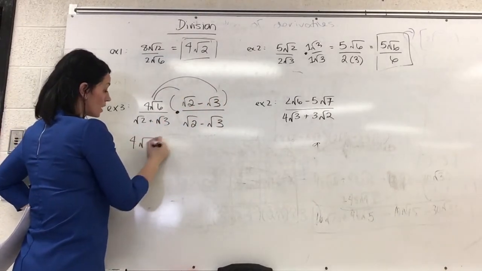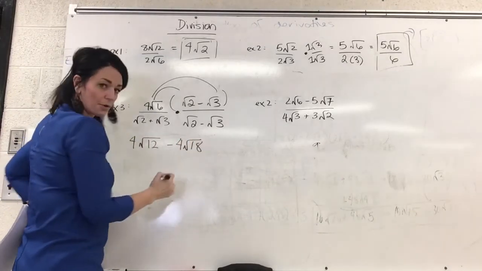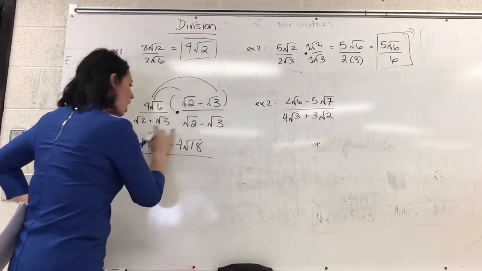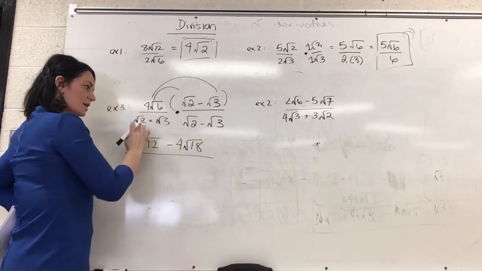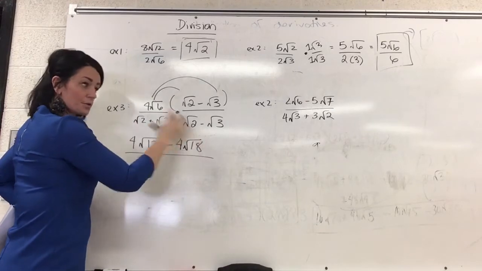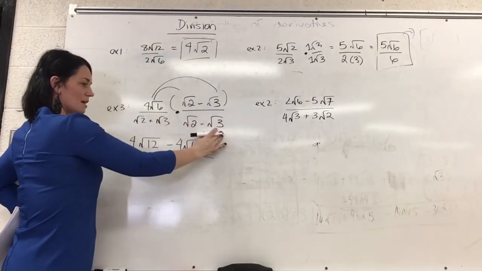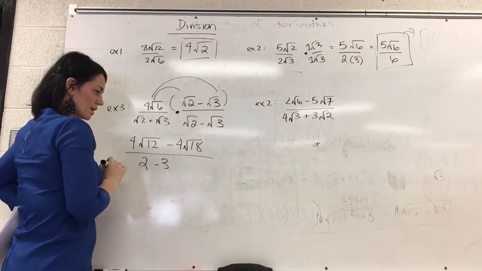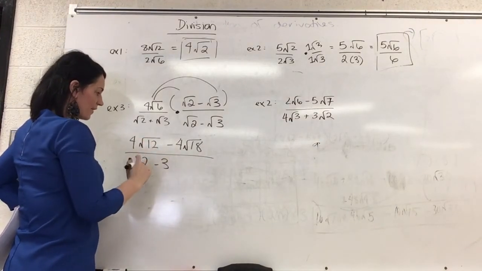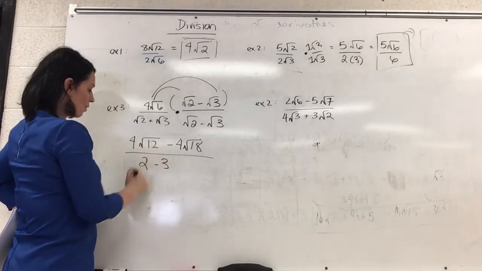So I have 4 root 12 minus 4 root 18 in the numerator. And then the denominator are conjugates. How conjugates multiply is I do the first two terms together. So root 2 times root 2 is 2. And the last two terms multiply together. So root 3 times minus root 3 is minus 3. Then I can go ahead and simplify the numerator. So 12 can be written as 4 times 3. Take the 4 out.